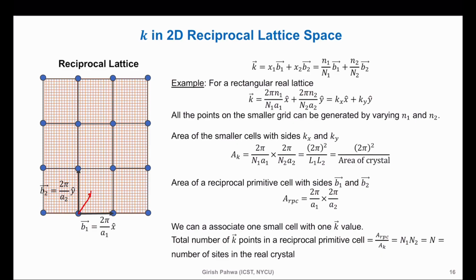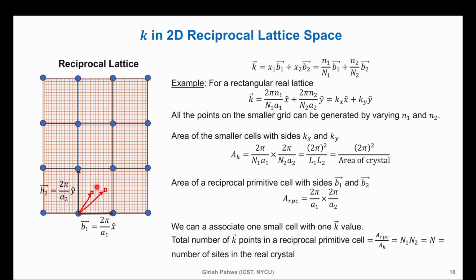I can associate that this square corresponds to this. Okay, so then I have say this k vector, and this square corresponds to this. So the number of k points and the number of squares in this space will be equal, right? One k point will give you one square.